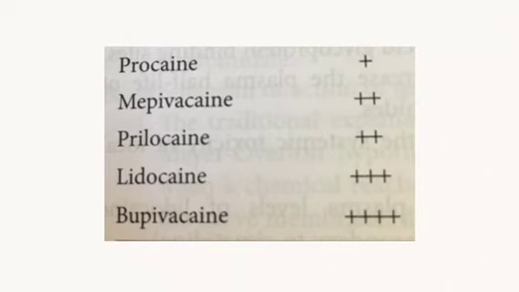Bupivacaine has the greater number of plus signs as compared with lidocaine that has substantial positive signs, while mepivacaine and prilocaine moderately have only 2 positive signs, and procaine has minimum positive signs for relative lipid solubility, anesthetic potency, and duration of anesthesia.